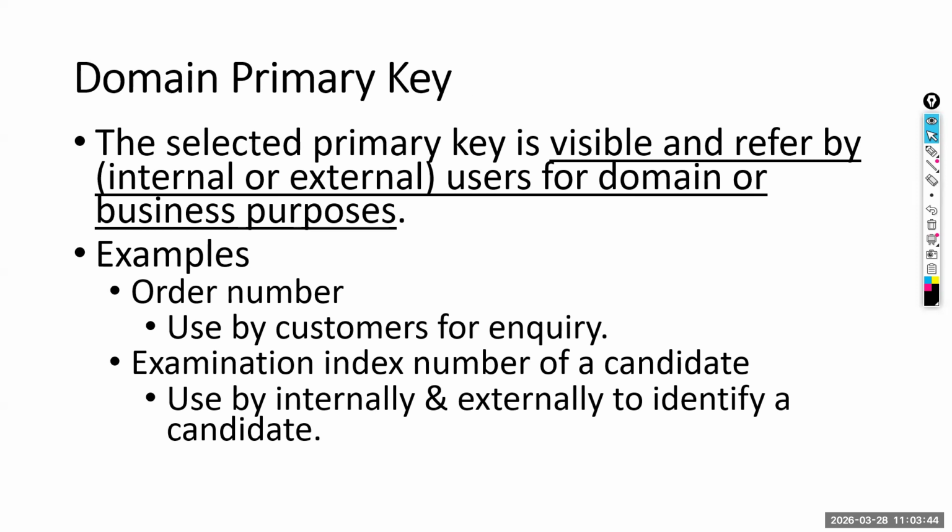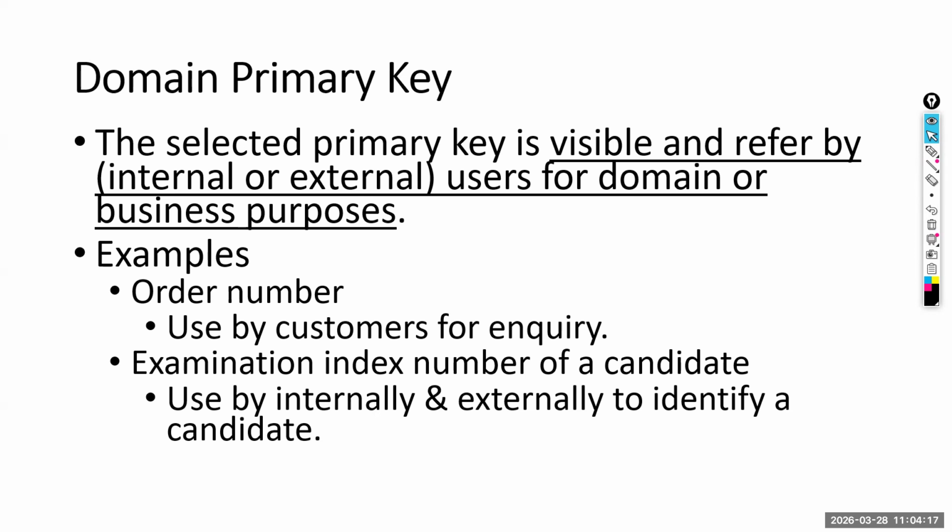For example, if there is a conflict or something wrong with your order, the person may ask, what is your order ID? Order number. What is your student number? If you have any issues with payments with the university, the university will ask, what is your student ID? So that means it's a domain primary key.